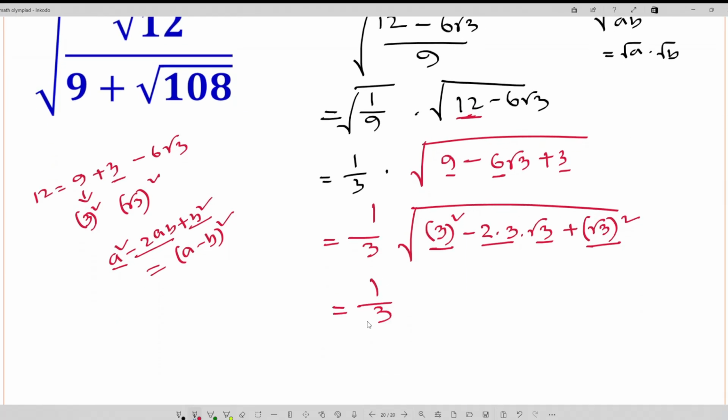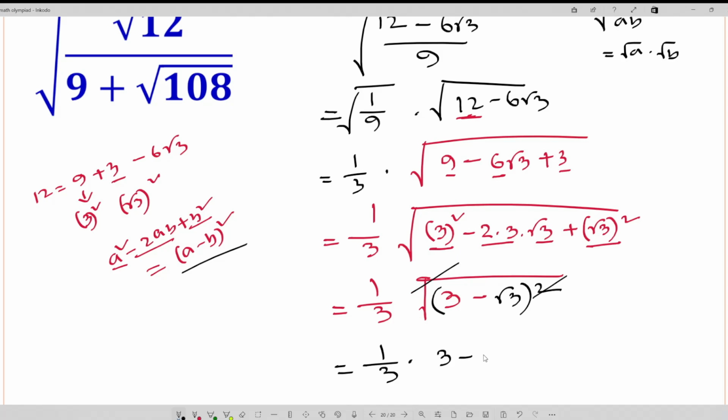So 1 by 3, and this one we can write 3 minus root 3 whole square. It means a minus b whole square. So 1 by root 3. So this root and this square cancel out, times 3 minus root 3.